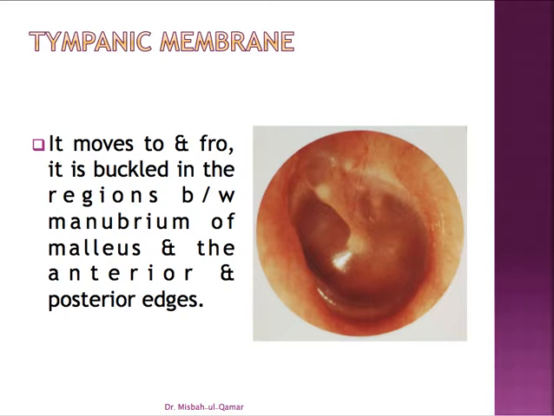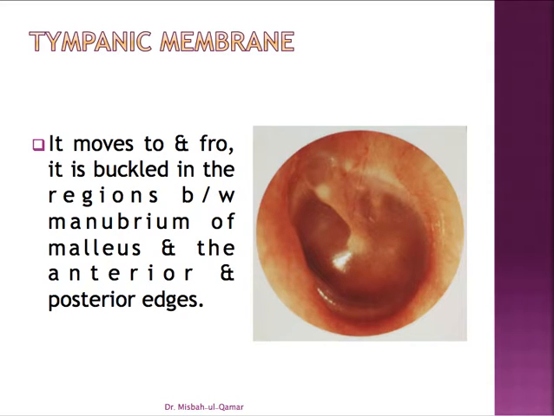And this membrane moves to and fro while it is buckled in the regions between the manubrium of the malleus and the anterior and posterior edges. When the tympanic membrane vibrates, this vibration is greatest on the inferior edges of the tympanic membrane.